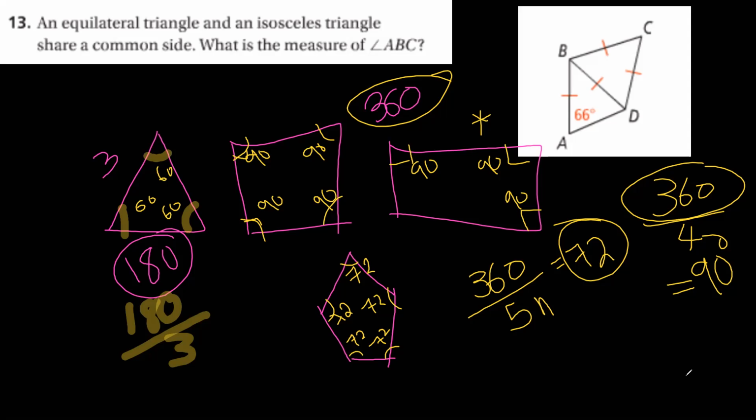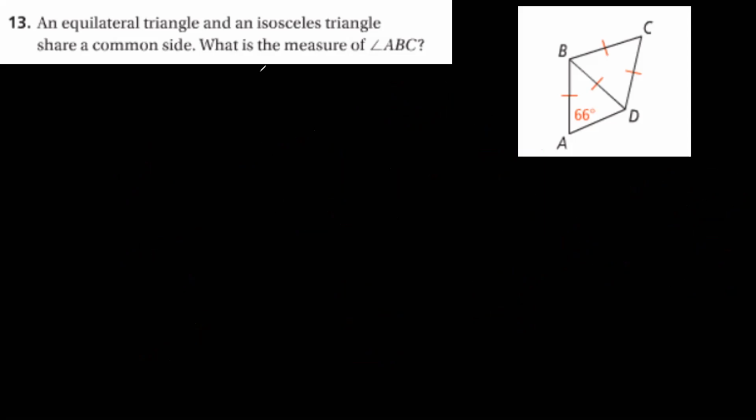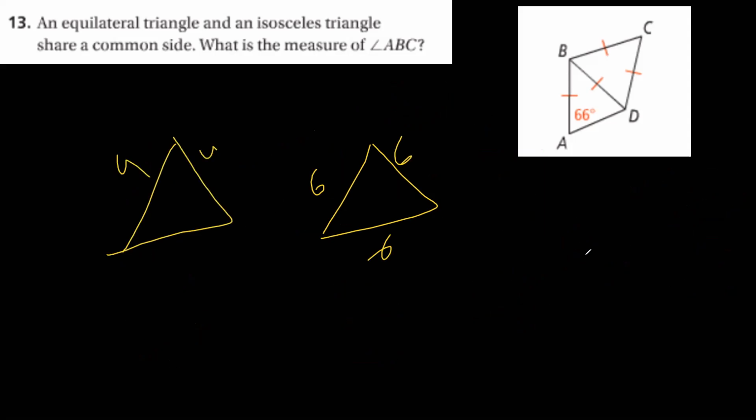Teacher, can I make it with the sides, like 180 divided by 3 sides, or only for angles? No, the 180 is only the summation of angles. But the sides, no. It could be 6, 6, 6. It could be 4, 4, 4.